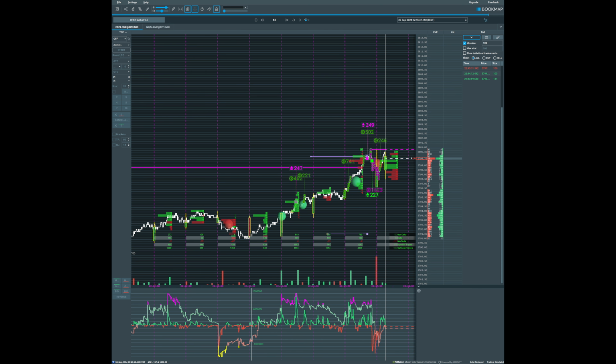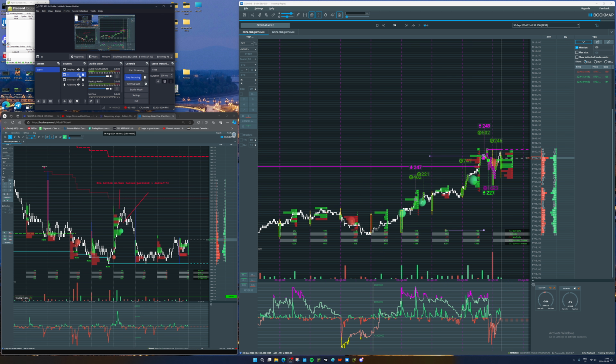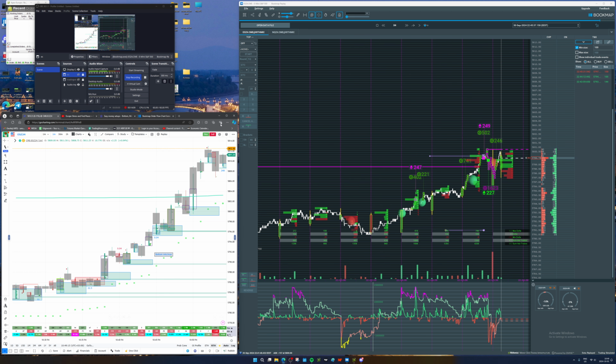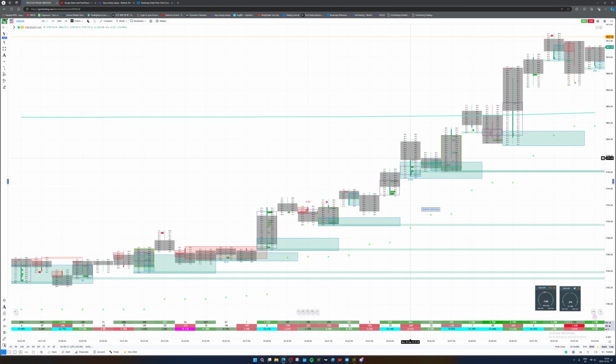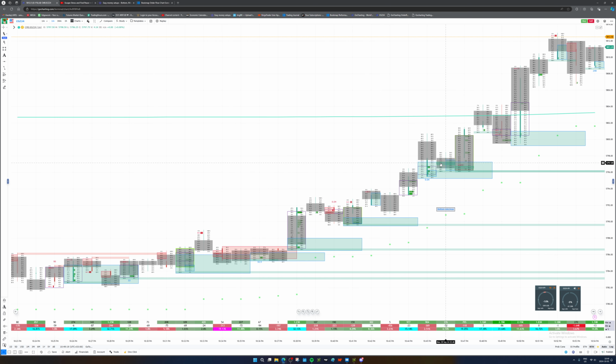And the next thing, let's go to the footprint chart, and I'm going to talk about one thing real quick. Everybody's talking about stacked imbalances, but what is more important, and people do not talk about that much, is imbalances in the candle.